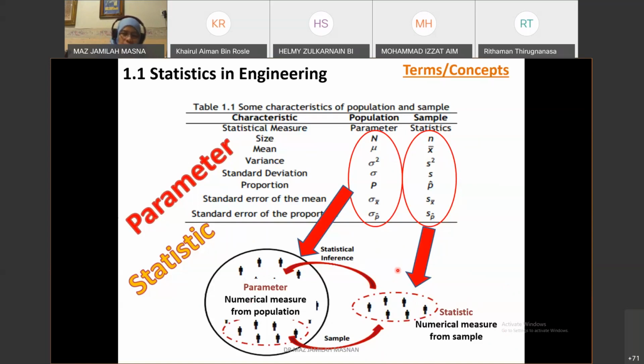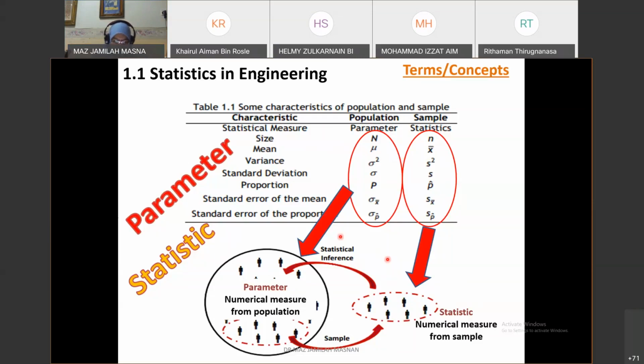We reduce our money. We reduce the cost of doing the measurement, doing the study. So statistics helps you reduce your money, your resources, and your time in order to study the whole population that you wish to study, using the subset of the population that you have. I hope everyone understands.